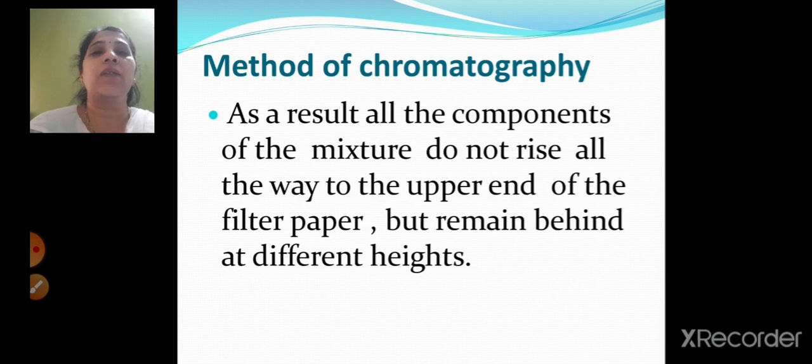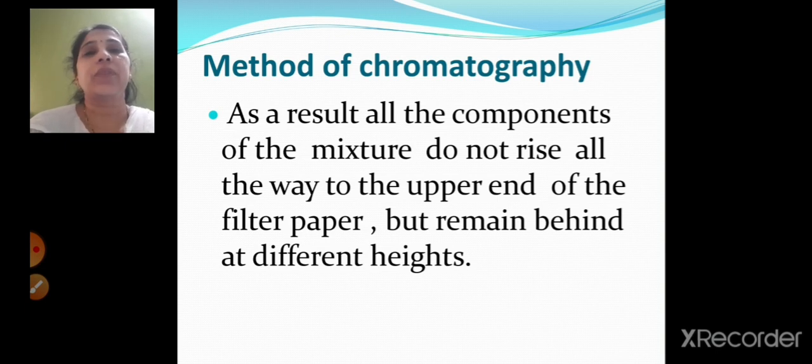And the last method which we saw was the chromatography method. You have to take a rectangular filter paper, make a blue spot of ink on the filter paper, and then place it in a beaker containing water, and then cover the beaker with a lid. So what will you see after some time? You will see that the blue spot of the ink rises up to a particular height, right?